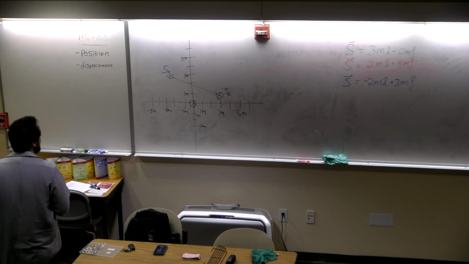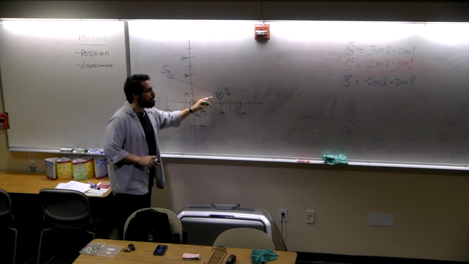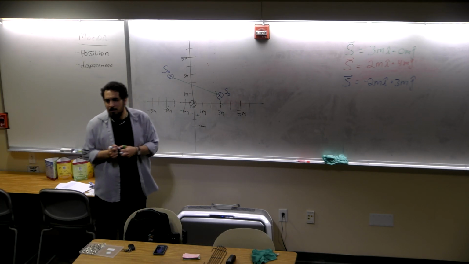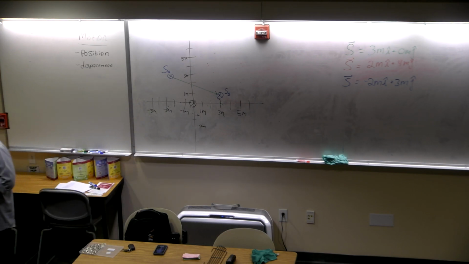In which direction? Downwards, negative j hat, absolutely. So what does that mean? That means our displacement here should be 5 meters to the right and 2 meters downwards. This is a vector quantity. I'll put an arrow over top.